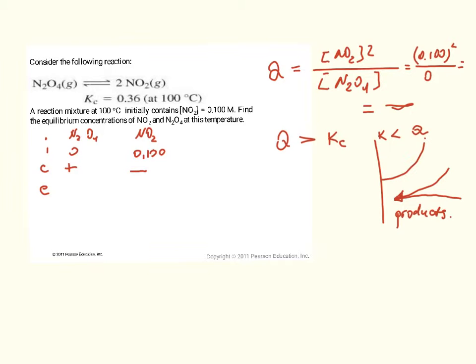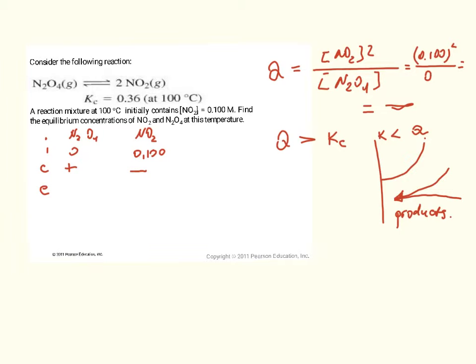Why so? Because quotient is greater than Kc, and reaction proceeds in backward direction. Okay, do you know magnitude of these changes? No. This is why we have to assign it with x.